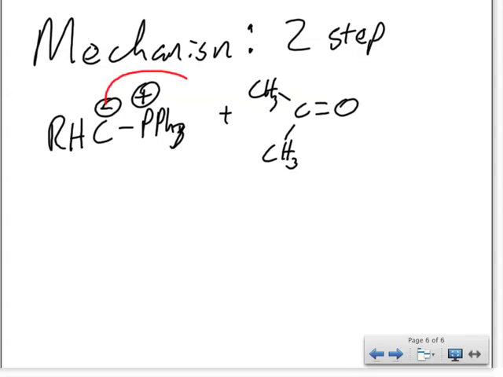The anion of the carbon is going to be our nucleophile. Nucleophile attacks the electrophilic carbon of our carbonyl. Lone pair leaves. This is going to give us the carbon-carbon bond.